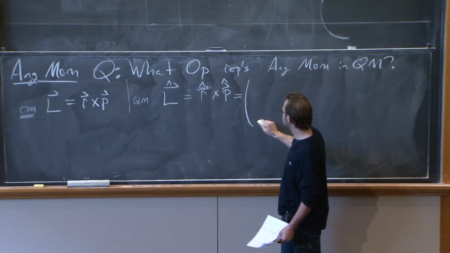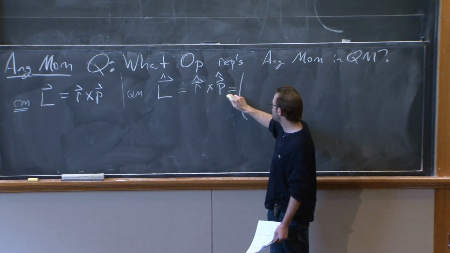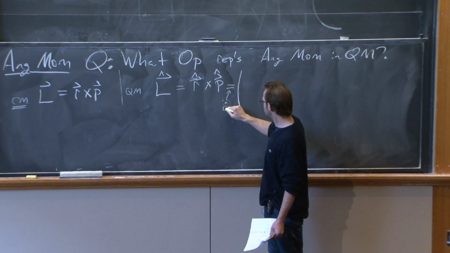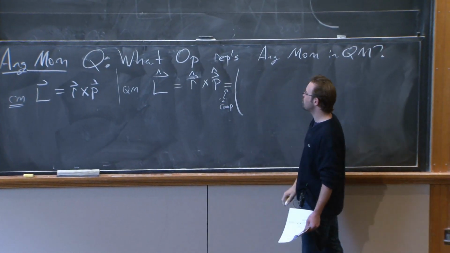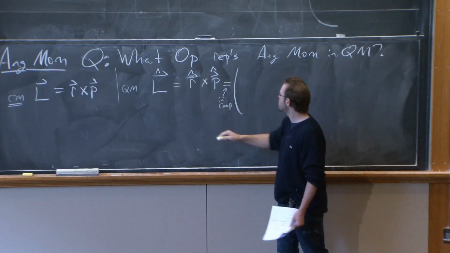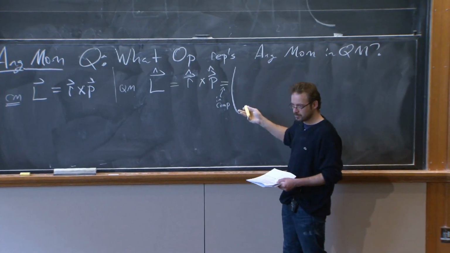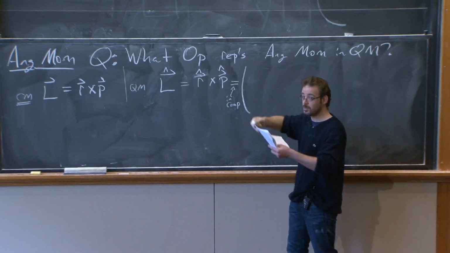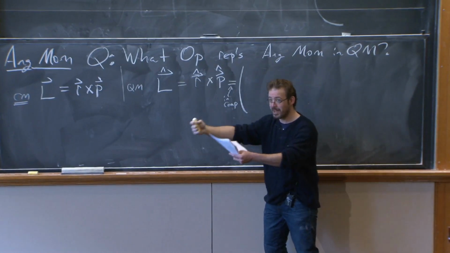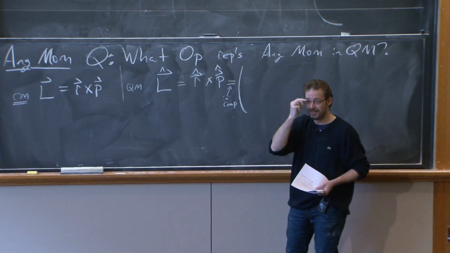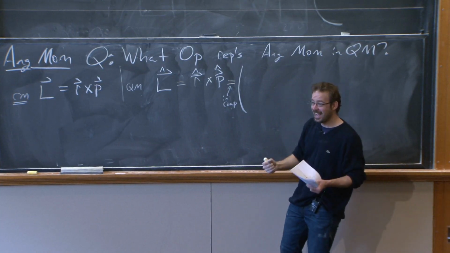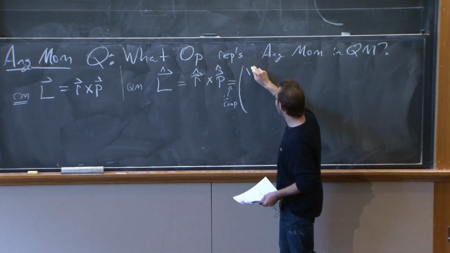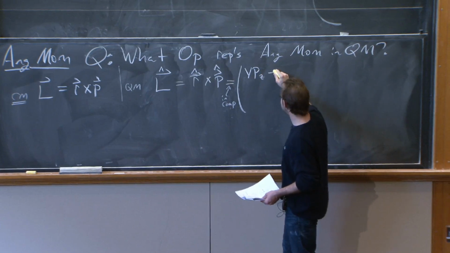Let's write this out in terms of components. And I'm going to work for the moment in Cartesian coordinates. So Lx is equal to, you all took mechanics, Lx is equal to, thank you, y pz minus z py. Good.